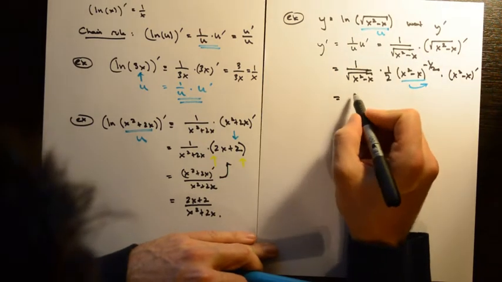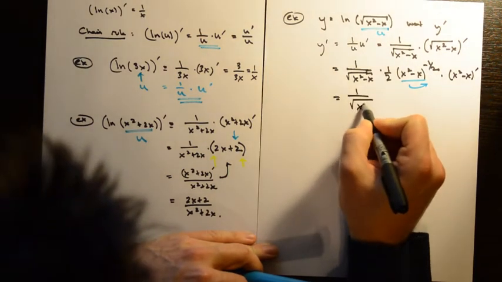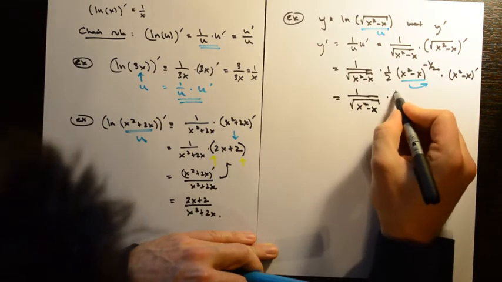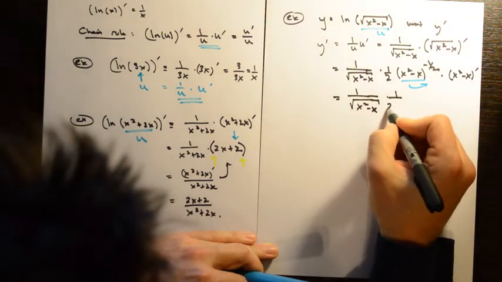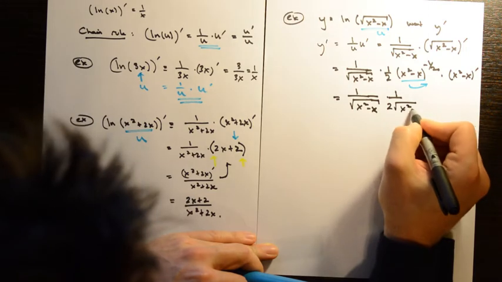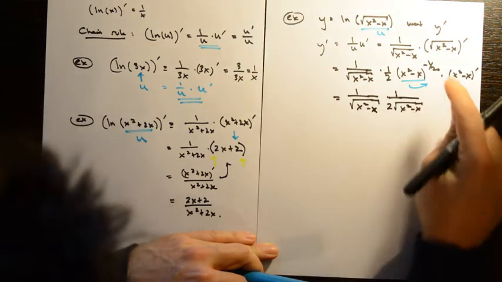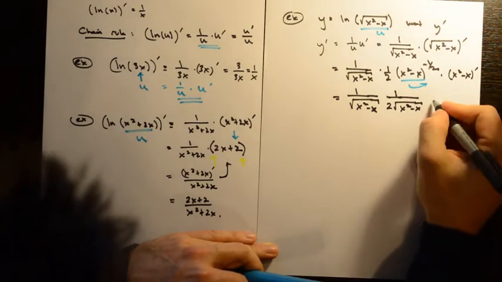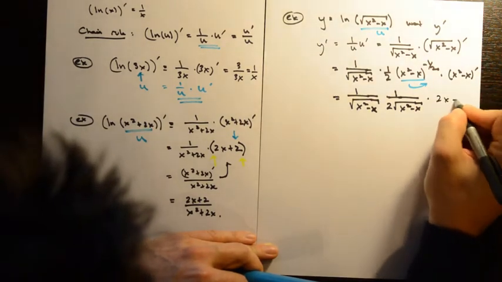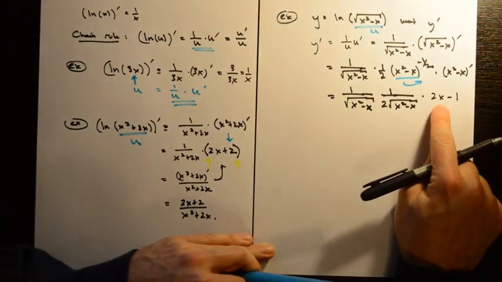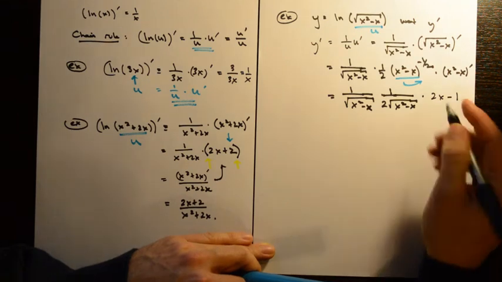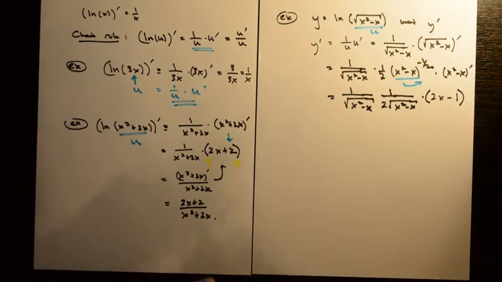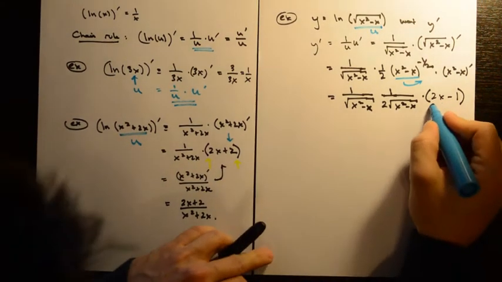This is then 1 over the square root of x squared minus x times 1 over 2 root x squared minus x. So that's taking this negative exponent to the denominator, and then we have to multiply by this term times 2x minus 1. Correct? No, incorrect. You must include these parentheses like this. That is, again, probably the most common error.